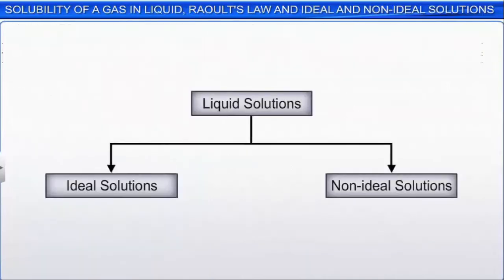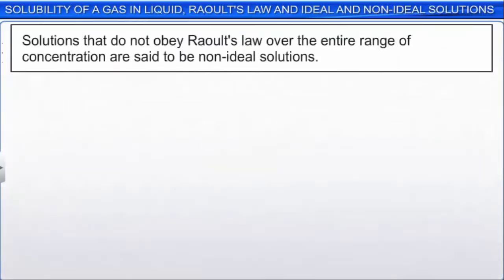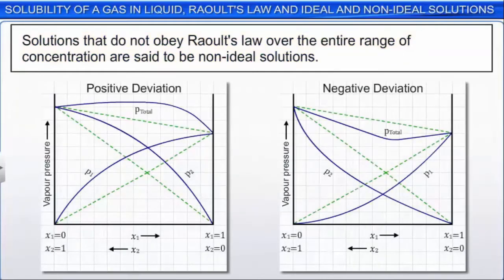Let us now discuss non-ideal solutions. Solutions that do not obey Raoult's law over the entire range of concentration are said to be non-ideal solutions. Non-ideal mixtures produce curves rather than straight lines, as shown here. The dotted straight lines represent the ideal behavior and the curved lines represent the deviations from the ideal behavior.